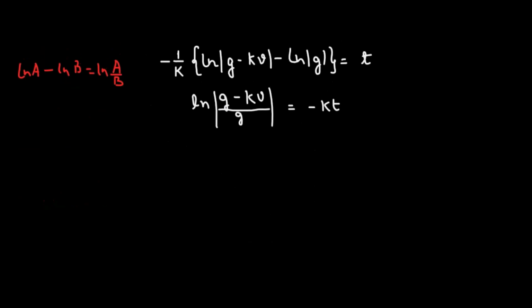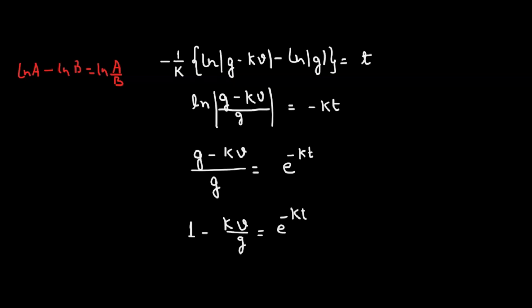So we'll get g minus kv divided by g, and that's equal to e raised to the power of negative kt. Or we have 1 minus kv divided by g equals e raised to the power of negative kt.